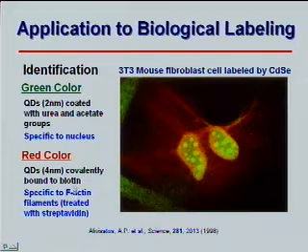This streptavidin can bind to the actin filament. So, as a result, this actin filament is stained red selectively, and also the nuclei are stained green selectively.